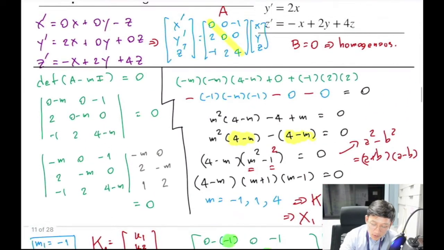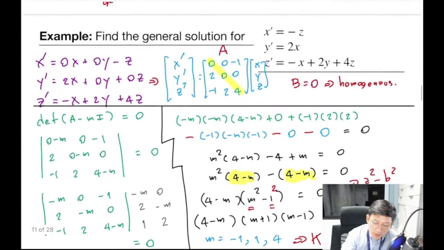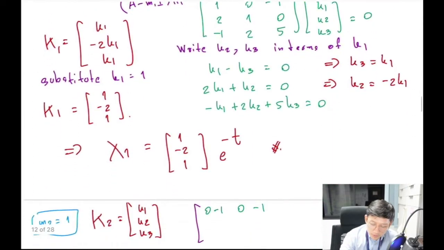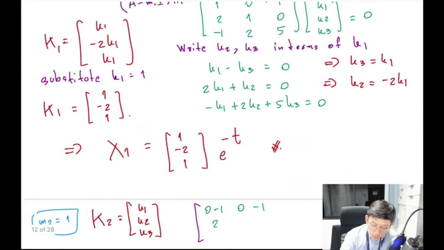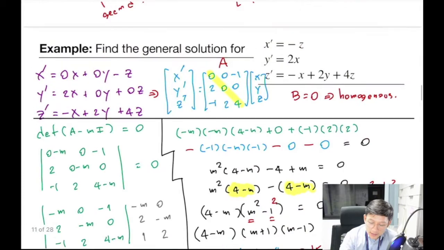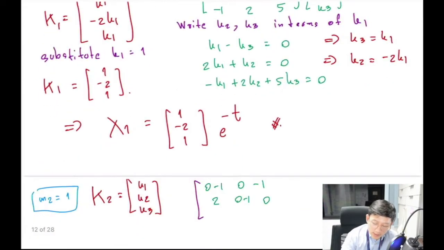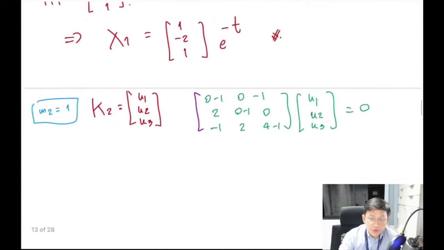And then 2 is here. A is 2, 0, 0, so we have 2, minus 1, 0. And the last line would be minus 1, 2, 4, so we get minus 1, 2, and 4 minus 1. And then we get k1, k2, k3 equals 0.